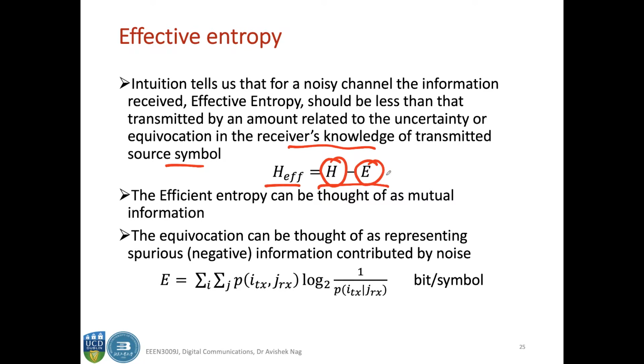The equivocation is defined by this, and this is related to the negative information that is contributed by noise. And this is defined by all those conditional probabilities that are associated to the channel.